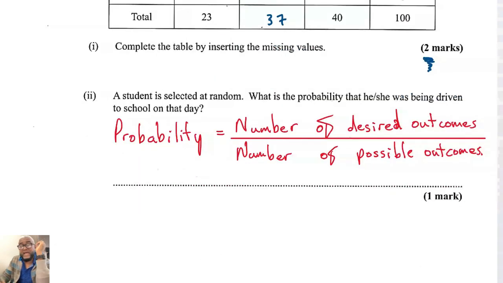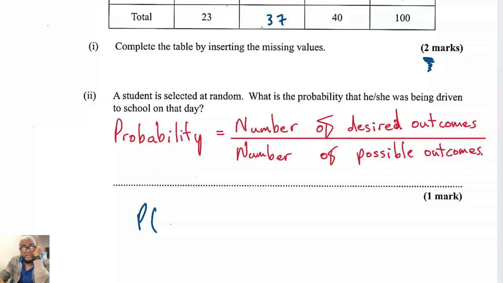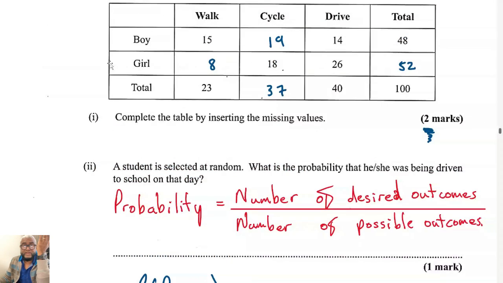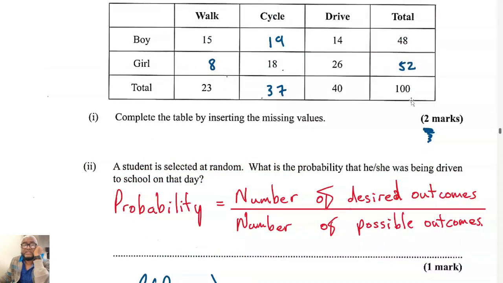So the desired outcome would be the 40 students. So we can just put in brackets "driven" for the number of students driven. So there you go, 40 over what is the total possible outcomes, or the total amount of students in all?